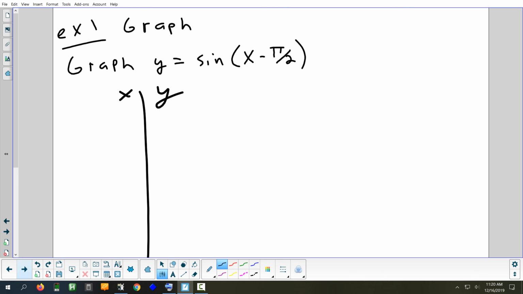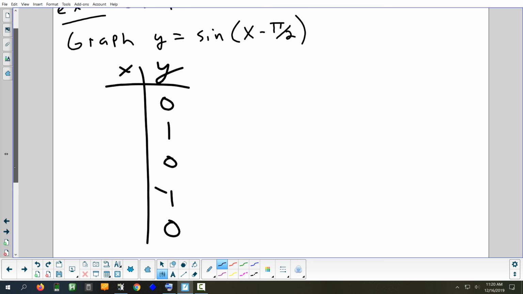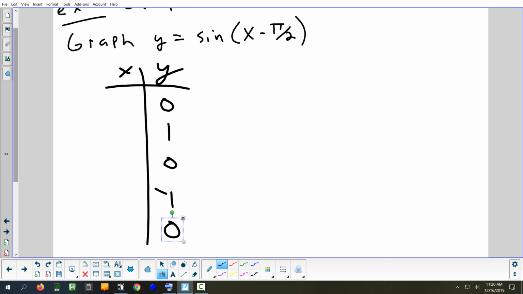Okay, remember, we are not moving up and down. A phase shift means left or right. So what are my Y values for the sine function? 0, 1, 0, -1, 0. If you write that down, you're going to get 5 points for that part of the problem. 1 point for each Y value you just got right.